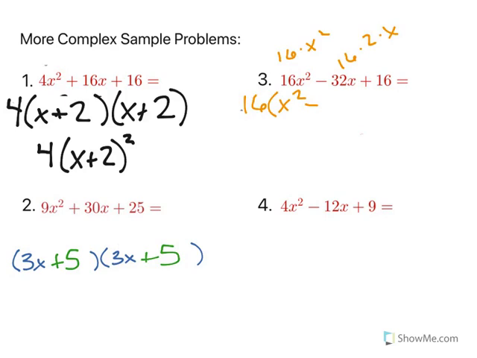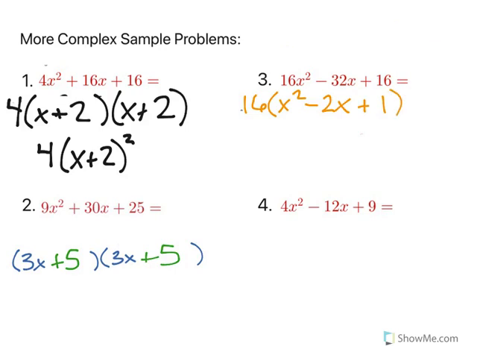We put our negative sign there because the positive 16 is on the outside of the parentheses, and we just need the 2x to give us that 32x when we distribute 16 to negative 2x. And the third term is 16 times 1, so all we have to do is put a plus 1.